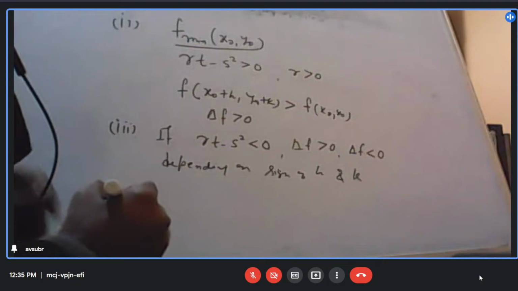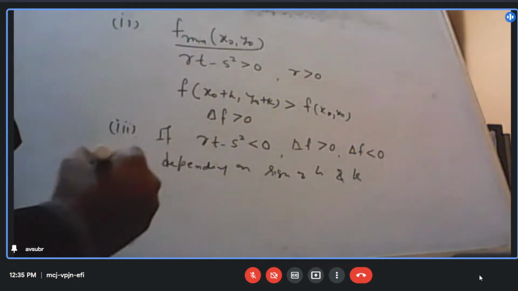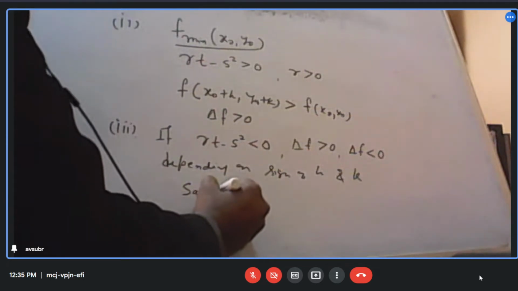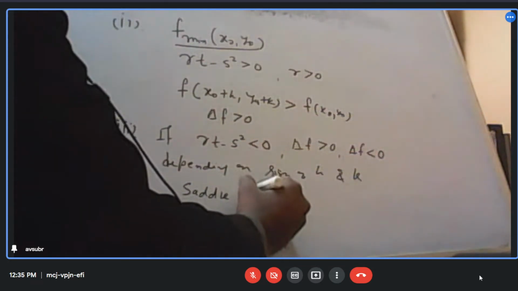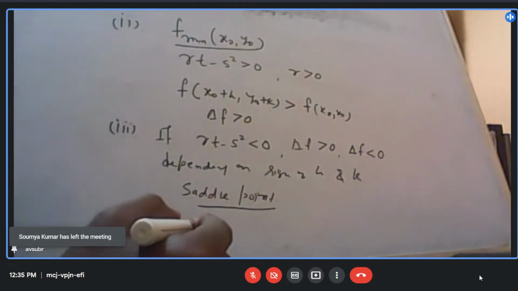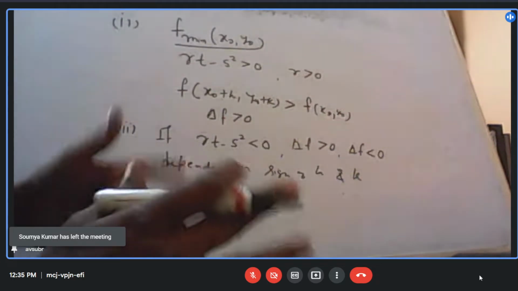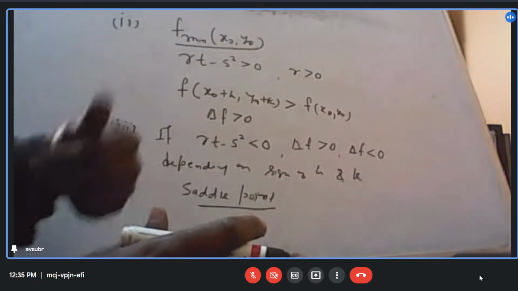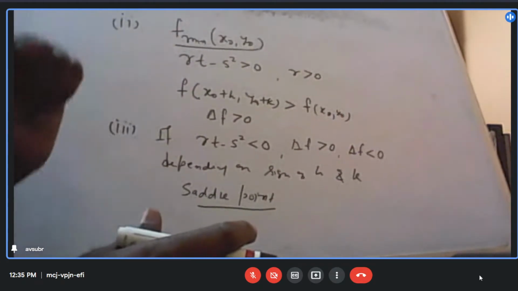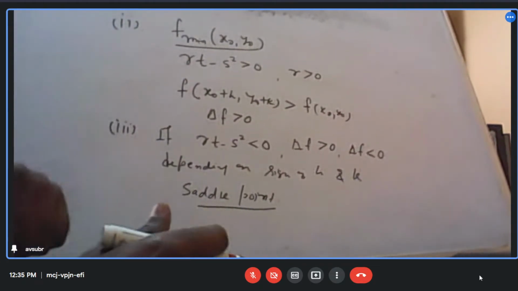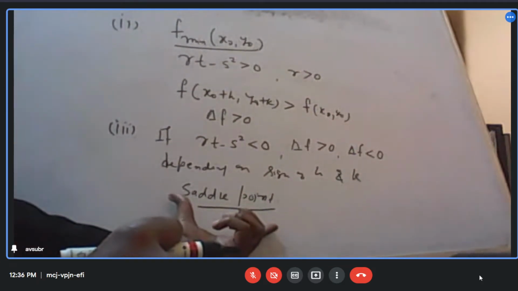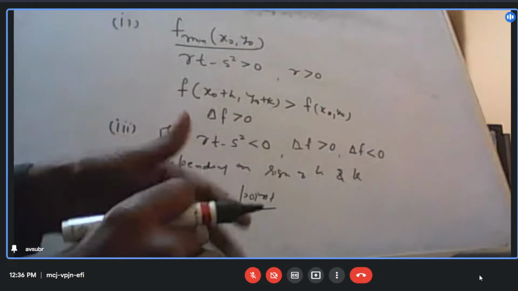So we shall not be able to determine whether it is maxima or minima, or in other words, we will reach a saddle point. So that will be the condition for the saddle point. We cannot say that this is maximum or minimum. In one direction it will be maximum, in the other direction it will be minimum. So in that case we shall obtain a saddle point. Up to this, any problem?